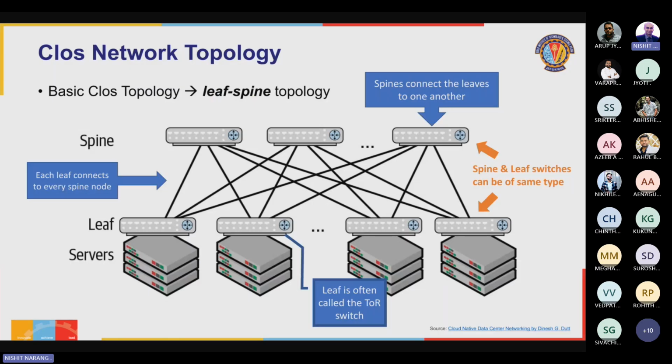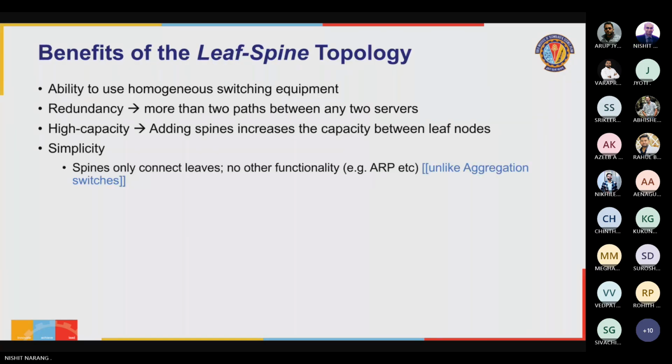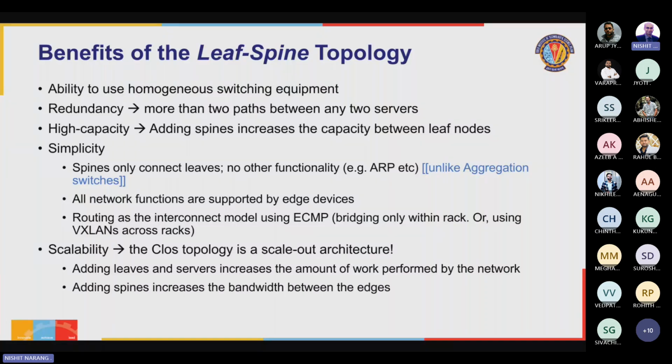This is what we had discussed, and we also talked about the benefits of this leaf spine topology, where we noted that one of the biggest benefits comes from the use of homogeneous equipment. It's easier for a data center network administrator and infrastructure manager to manage a homogeneous set of equipment rather than having to deal with multiple different types of equipment as existed in the access aggregation core architecture.